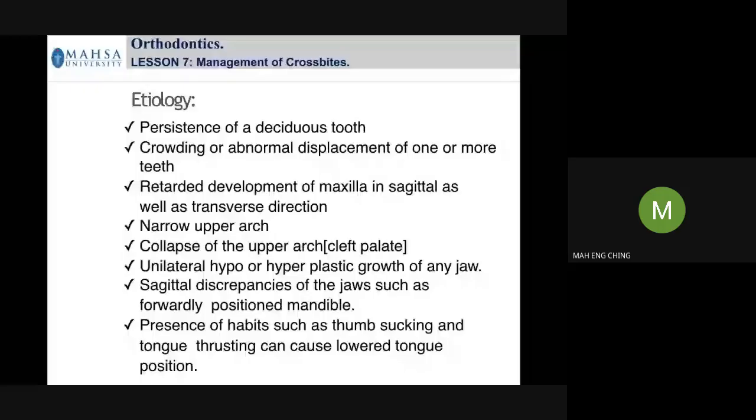You can see the crossbite. If the development on both sides is not symmetrical, one side is growing more than the other side, the jaw will be shifted to one side. That causes a crossbite. Skeletal discrepancy of the jaw, such as a forwardly positioned mandible. Again, this one can be a class 3 skeletal pattern, and this one causes a crossbite.